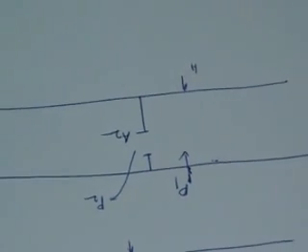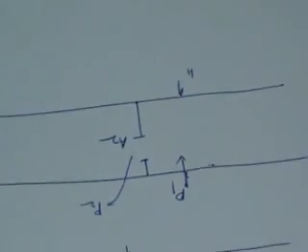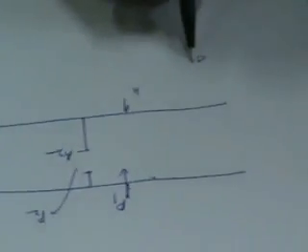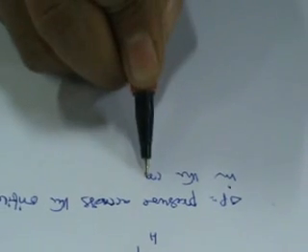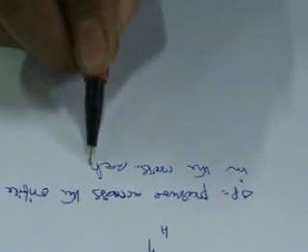There will be a pressure drop across this orifice plate, delta P, due to the change in the cross-sectional area.